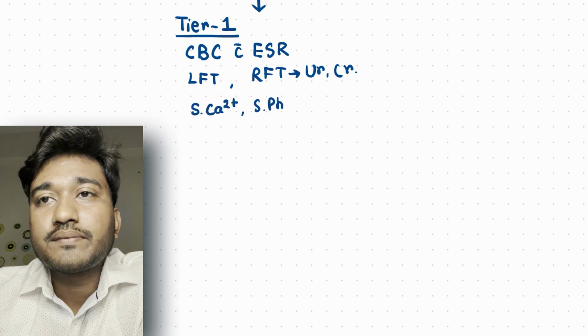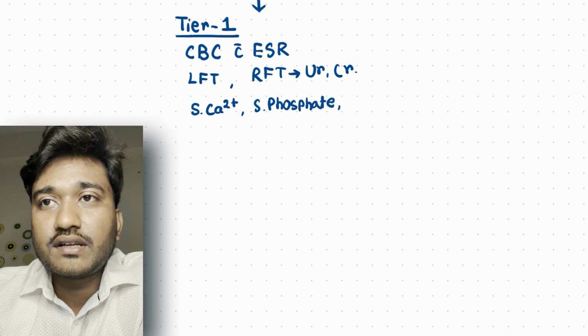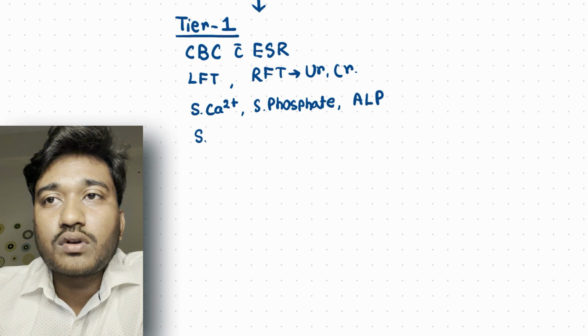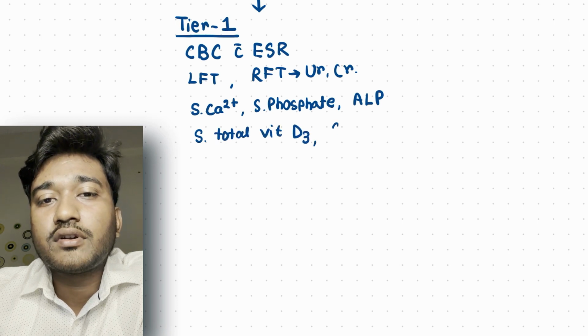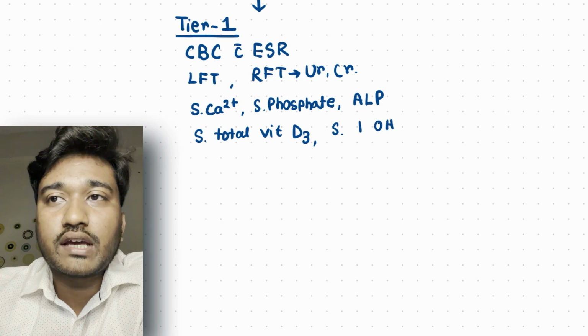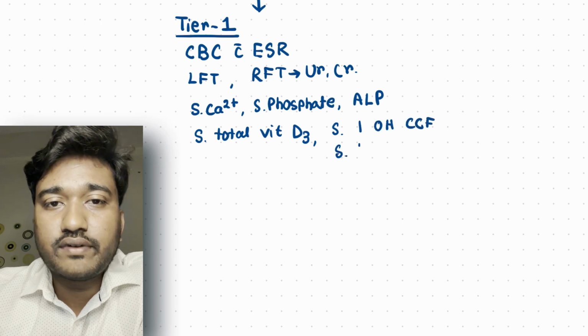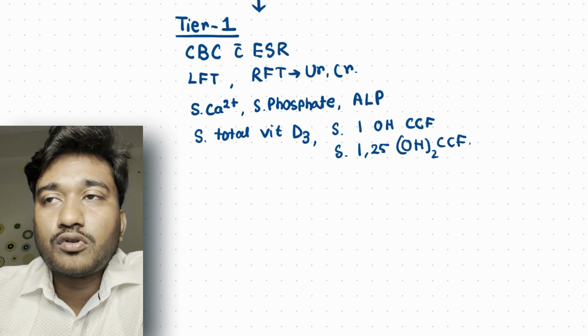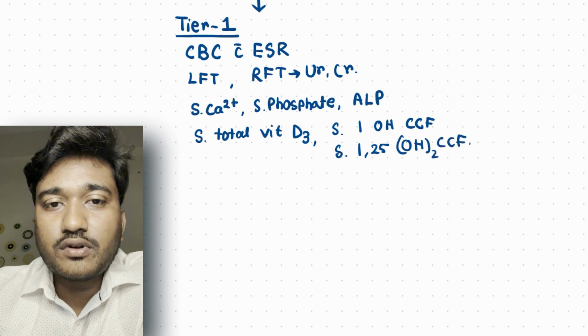In the bone profile, we have serum calcium, serum phosphate, and alkaline phosphatase (ALP). We have serum total vitamin D3, as well as 1-hydroxycholecalciferol and 1,25-dihydroxycholecalciferol. So this bone profile you must be ordering.